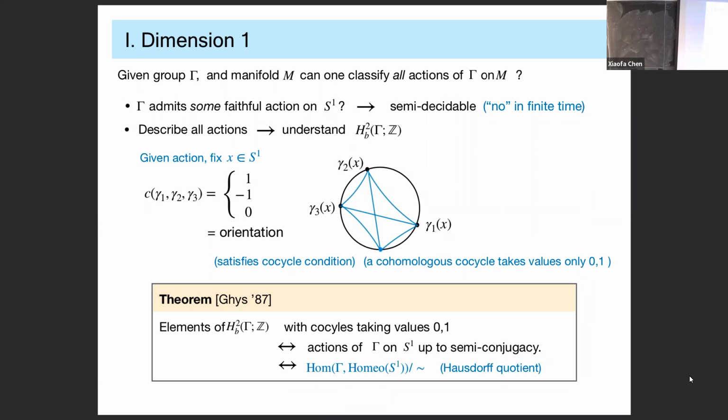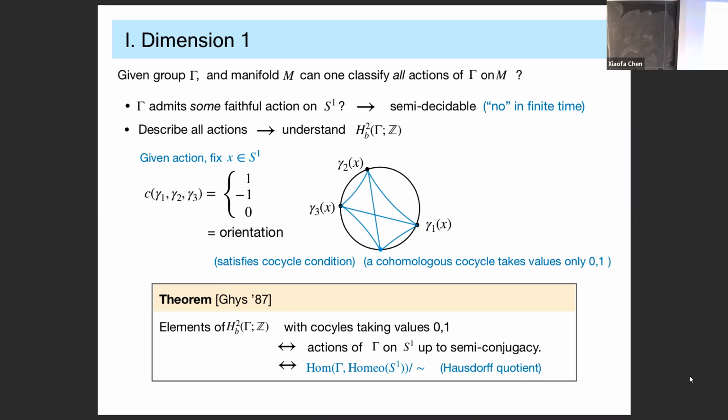Can you describe all possible actions of the group on the space? And unless your group was finite, the answer is no, in basically every situation ever, unless your manifold is one-dimensional, in which case we have some tools to answer this extremely hard problem.